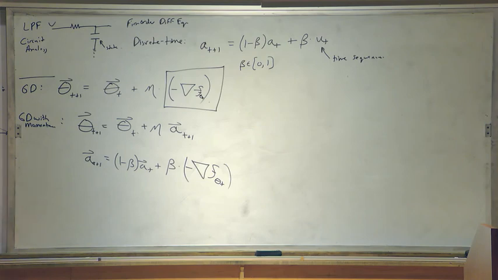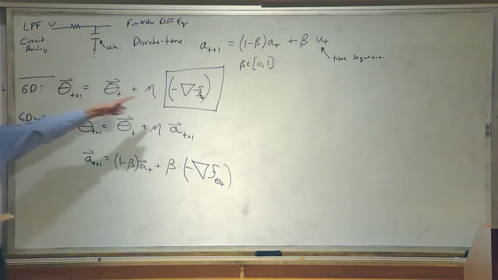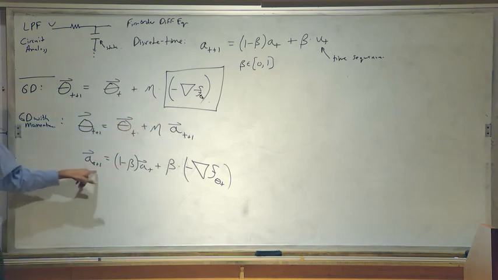It's just like gradient descent, except instead of using the gradient, you use this smooth gradient, which has been low-pass filtered. Okay, I'll pause here and take questions to make sure that people understand.